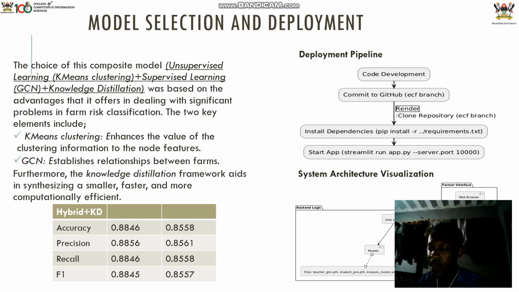We also see the models, which include the teacher GNN path, student GNN path, and k-means cluster joblib, which utils.py loads so that it can make the right prediction. And for the storage, we stored our code on GitHub and we deployed it on Render.